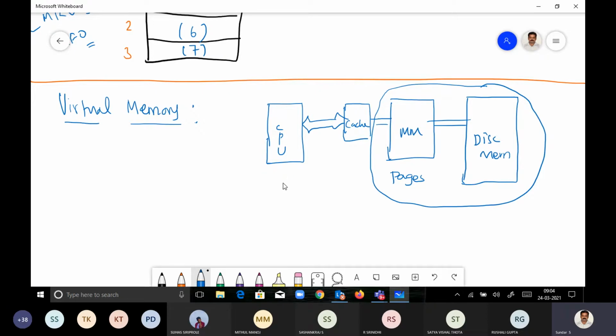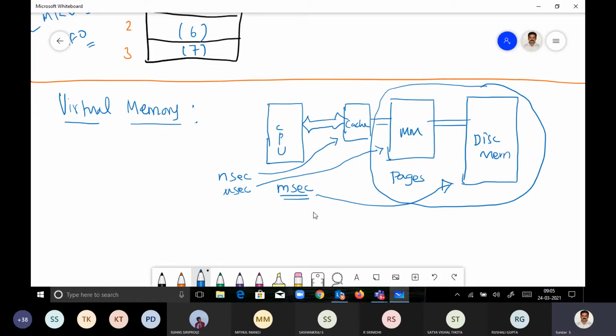It will take some milliseconds of delay to get something from the disk memory, whereas from cache memory or main memory it will be in nanoseconds, maybe nanoseconds or close to microseconds. But definitely getting something from the disk memory is in terms of milliseconds.